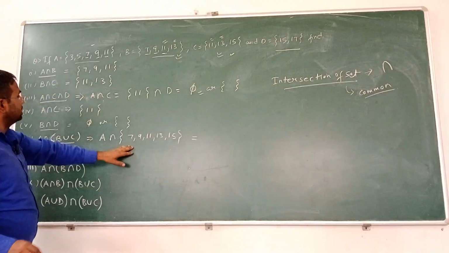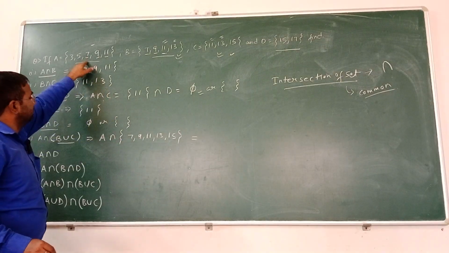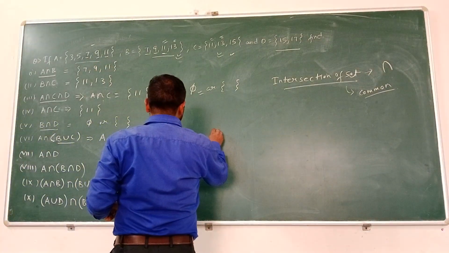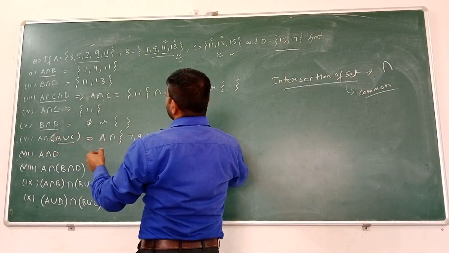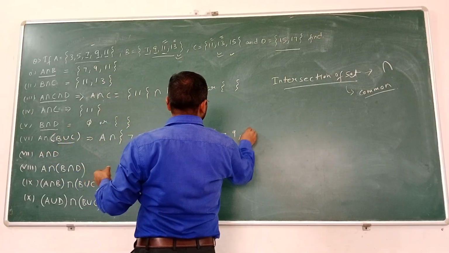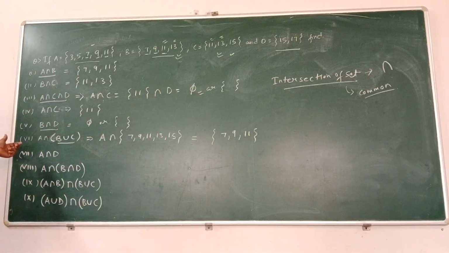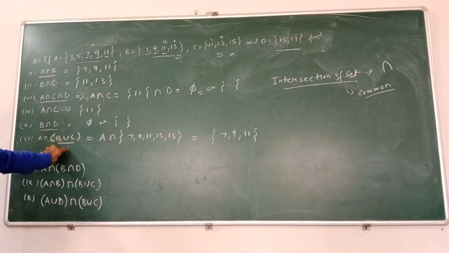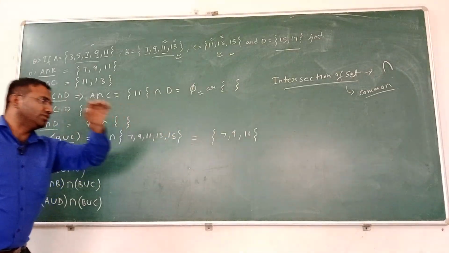So in this and this, is any common part there? See, common elements are there. So 7, 7 common, 9, 9 common, 11, 11 common. So what will be the value of the whole of this? 7, 9, 11. See here. Okay, so in this way you will write A intersection of B union C. So first of all you will write B union C, then you will write the intersection with A.